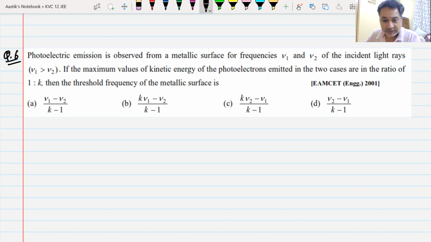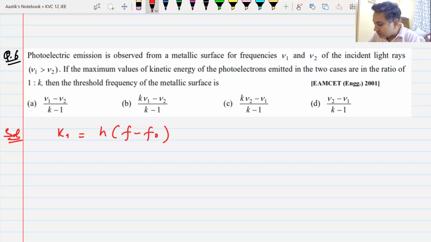Question number 6 or 7, whatever it was. How do we need to do this again? We just apply the same concept. In the previous question, we had also applied the same concept. So K1 was h into (F1 minus F naught), and K2 was h into (F2 minus F naught).